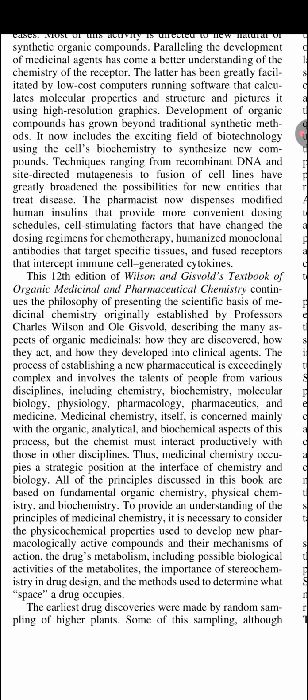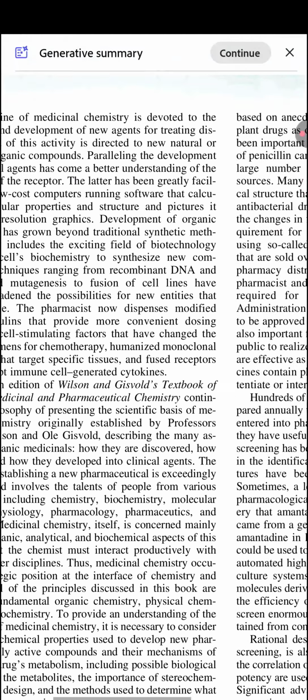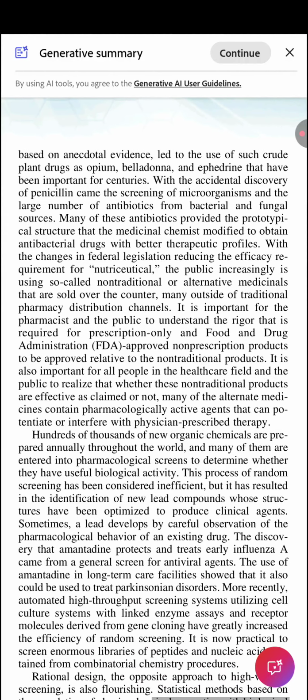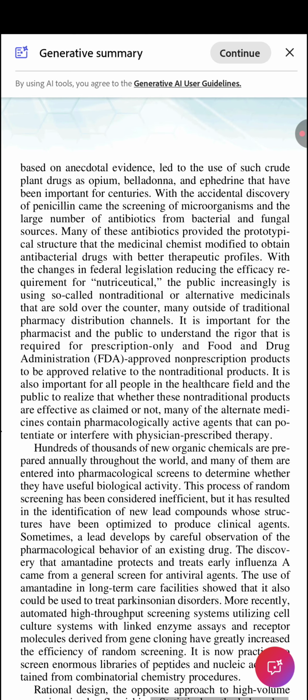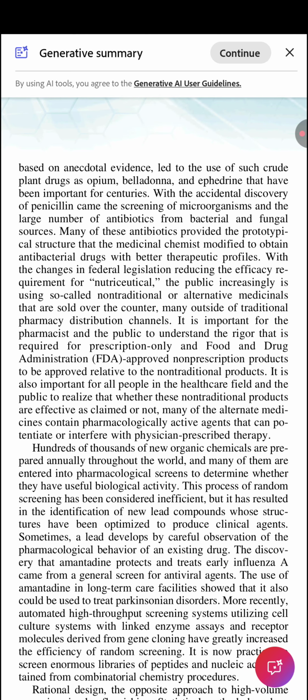The earliest drug discoveries were made by random sampling of higher plants. Some of the sampling, although based on anecdotal evidence, led to the use of such crude plant drugs as opium, belladonna, and ephedrine that have been important.